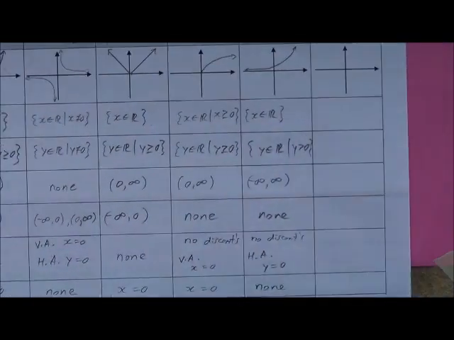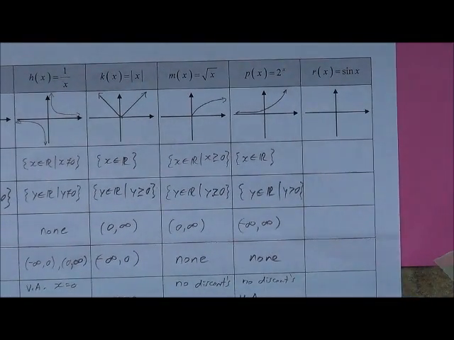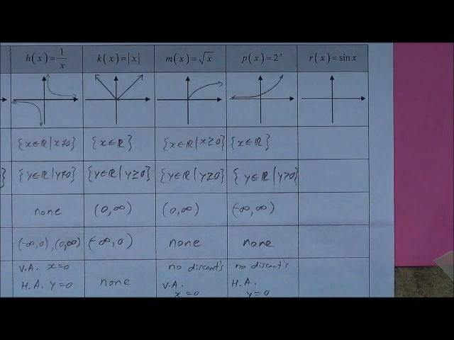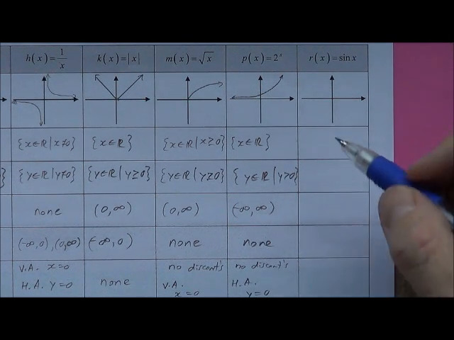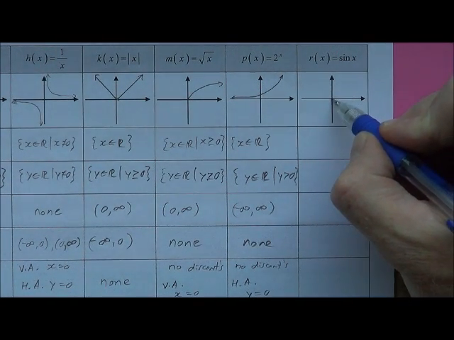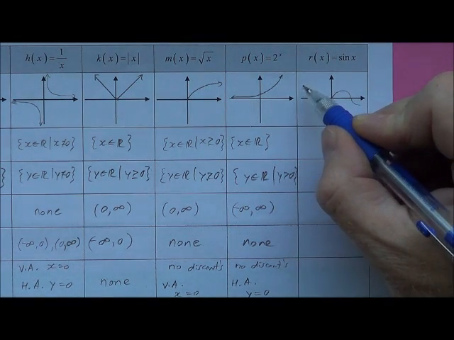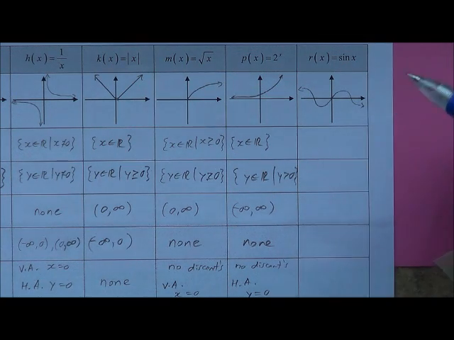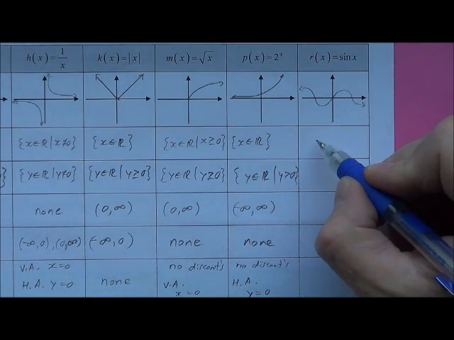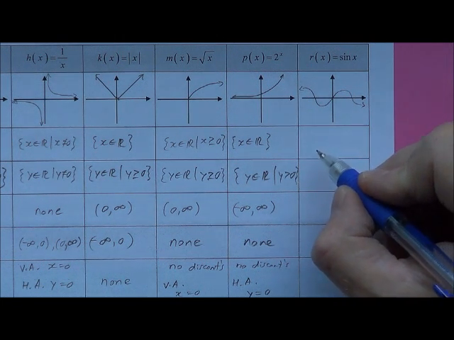Okay, so let's take a look at this then. We basically have a graph that looks like that and just continues oscillating forever. Domain, x is an element of all real numbers.